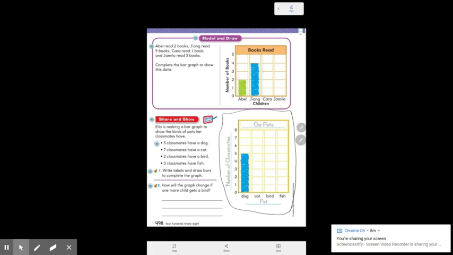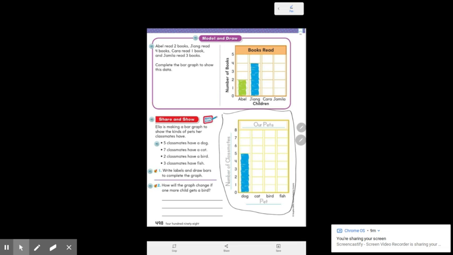Now they're giving you ideas on what to name your bar graph. They're saying our pets, because if you see the information, it says Ella is making a bar graph to show the kind of pets her classmates have. So she's saying our pets, or she can say classmates' pets.